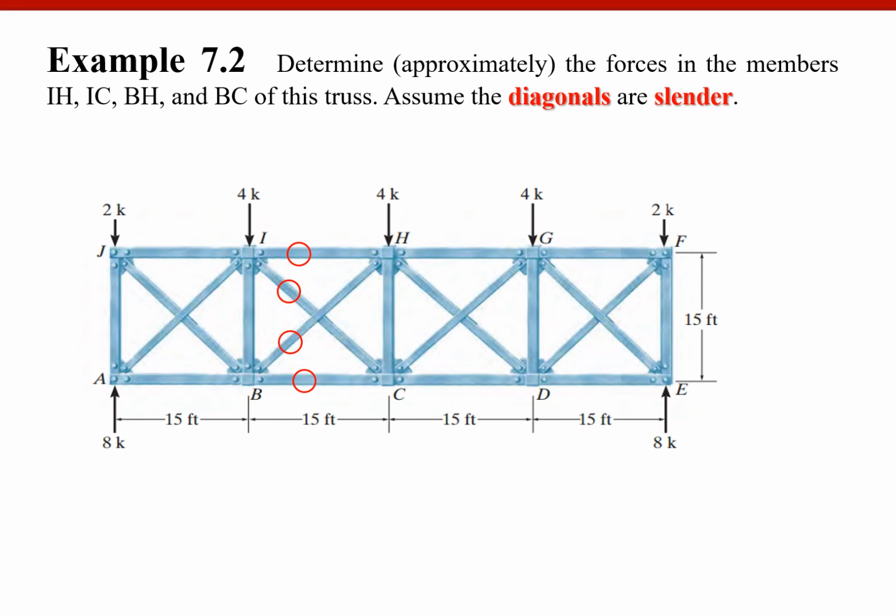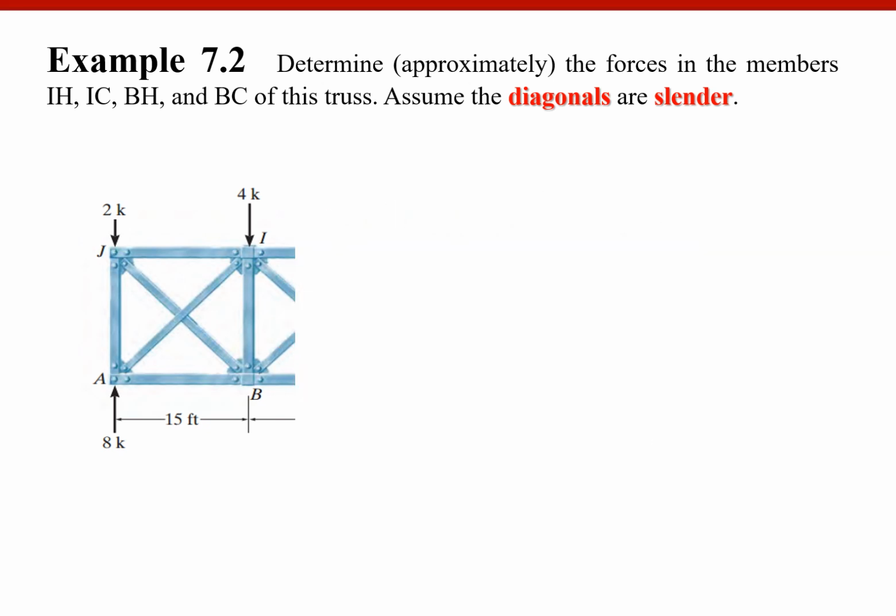So we need to make a cut in here, like this, to get two free body diagrams. Of course, I'm going to take the left hand side because the left hand side free body diagram is a lot simpler than the right hand side. So this is my free body diagram.